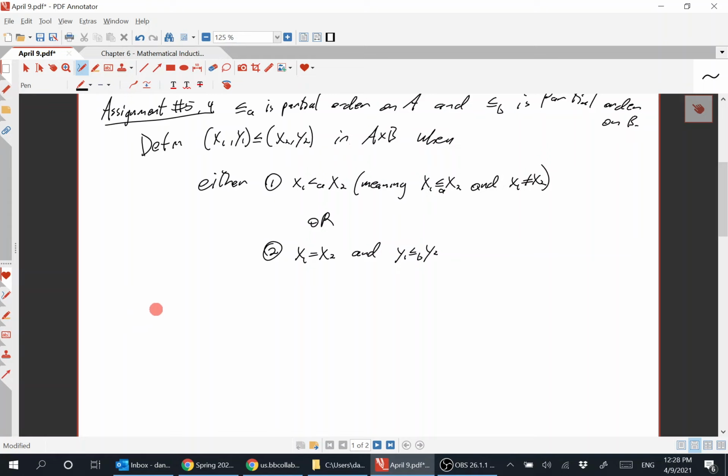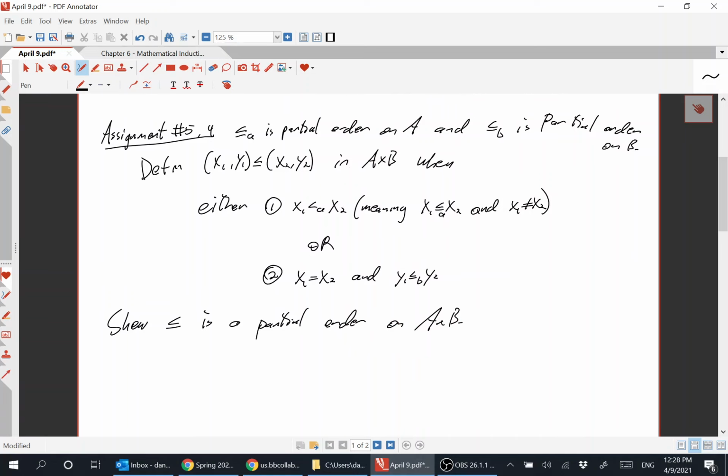All right, so to show this is a partial order on A cross B. There are 3 symbols in use here.